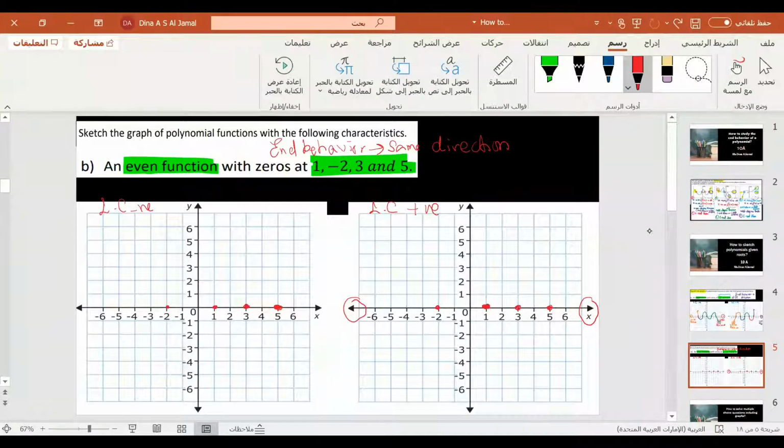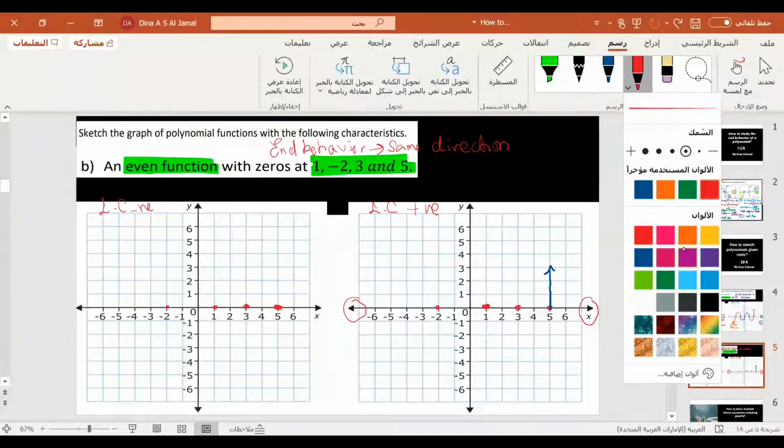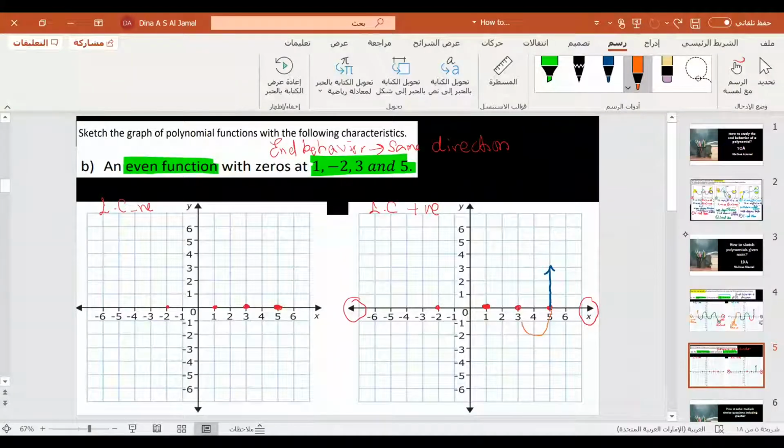So let's start with our graph here. Your line will start here and it will cut the 5. Then it will change direction. It will go to a minimum, then come to a maximum, then again to a minimum.